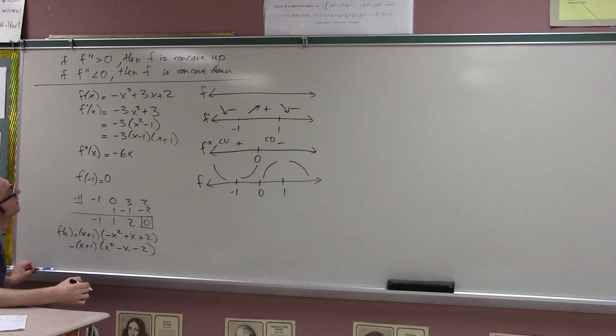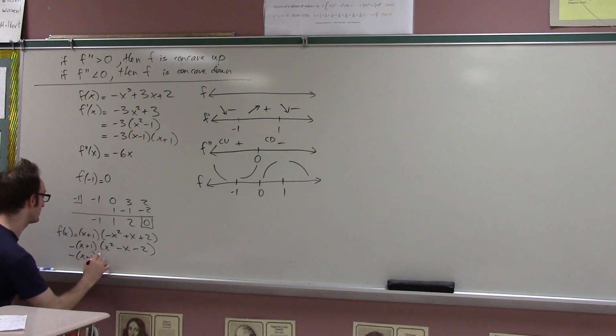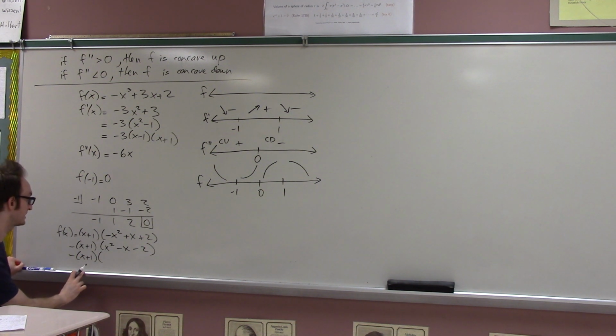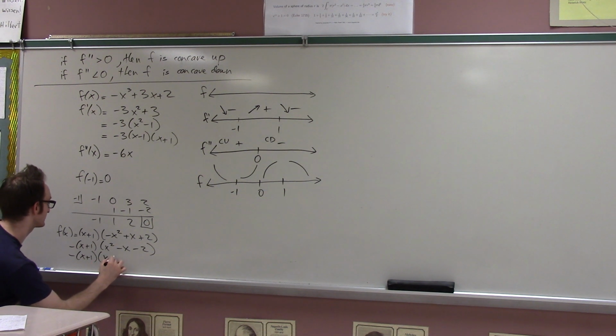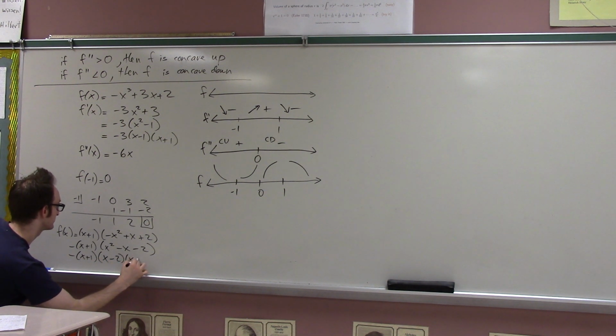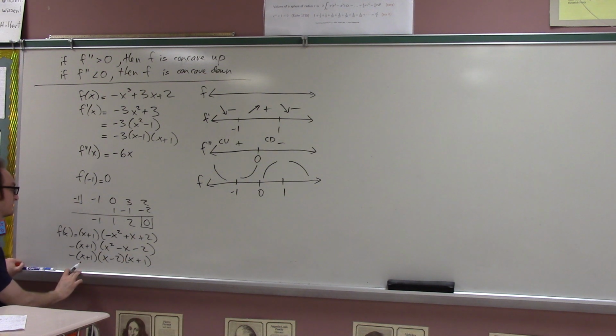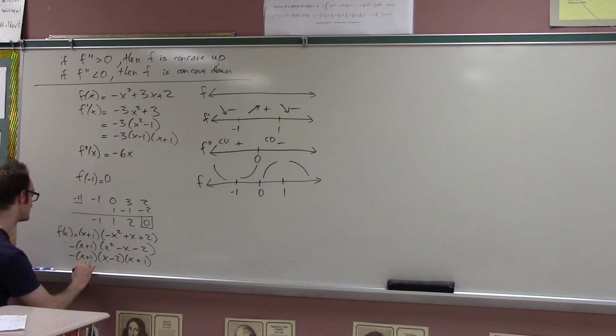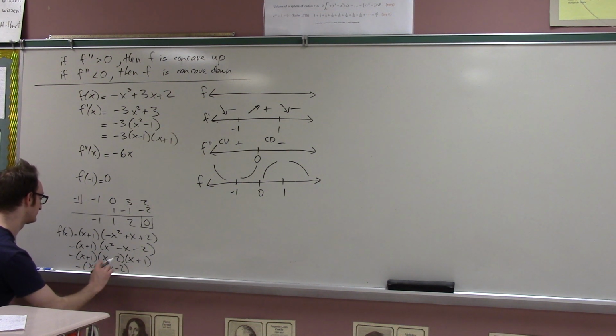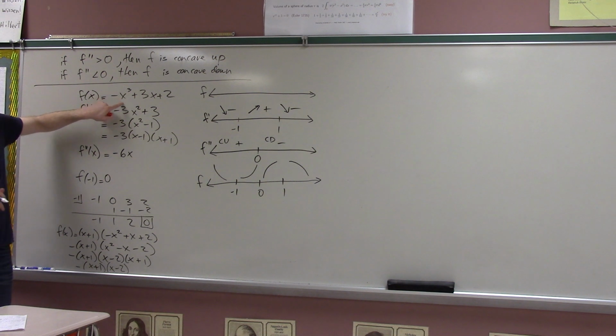Yeah. Hopefully I'm doing this right. Okay, so that's negative x plus 1, and over here, this is going to be an x minus 2, x plus 1, I guess, right? So this is actually just negative x plus 1, x minus 2. And is that true? When I plug in 2 I get 0.